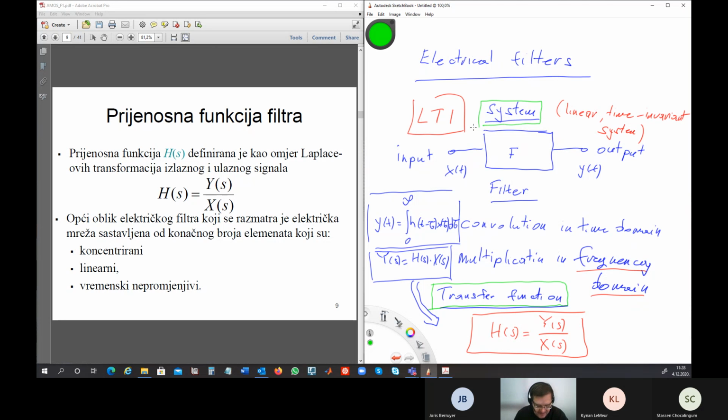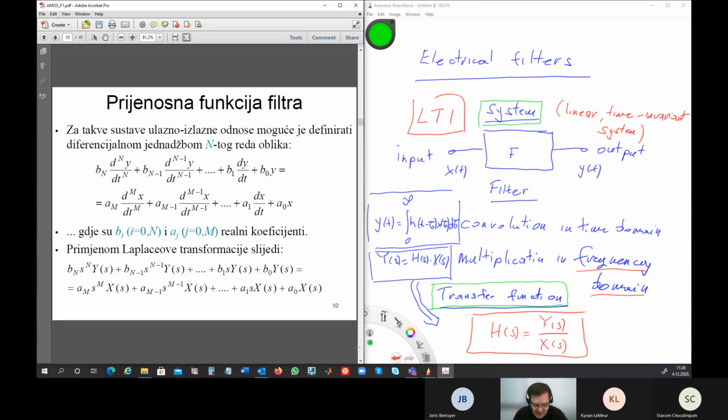Okay. How does this transfer function look? Here is the example in the time domain. In the time domain, this is an nth order differential equation. If we apply the Laplace transform, then we have this one.